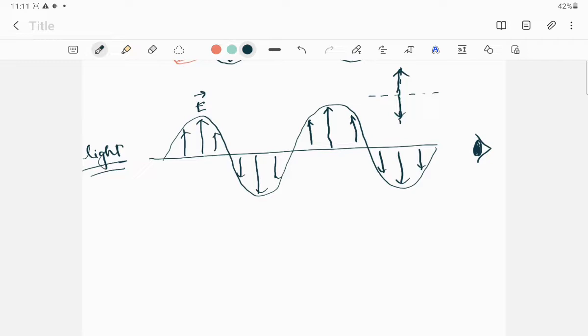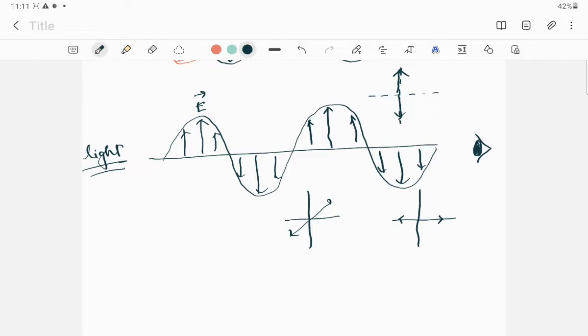It's not necessarily this one. Sometimes you may get light with the electric field polarized in this direction, sometimes in this direction also. Light in which the electric field vector oscillates only in one direction is called polarized light, and it is simply called linearly polarized because we are considering only one direction.